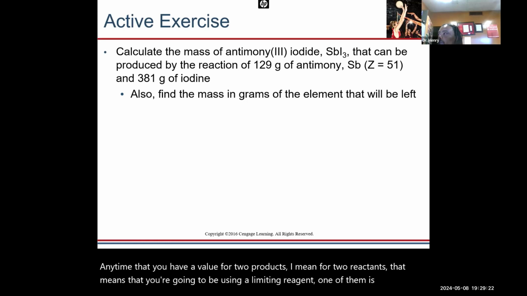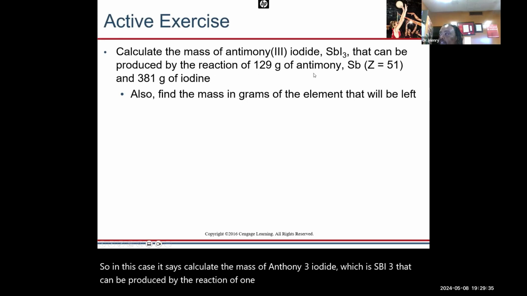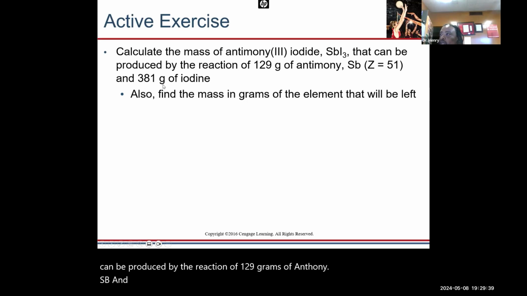Okay. So in this case, it says calculate the mass of antimony(III) iodide, which is SbI3, that can be produced by the reaction of 129 grams of antimony, Sb, and 381 grams of iodine.